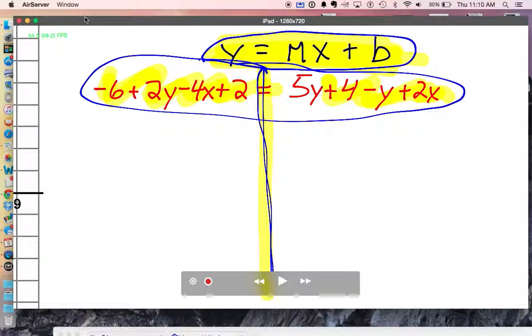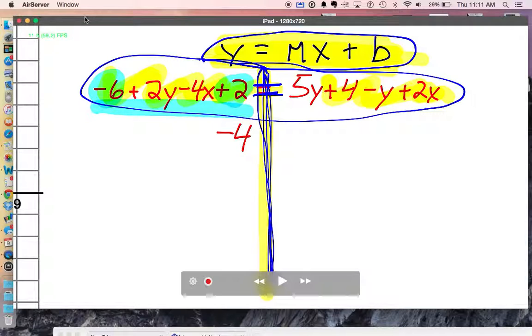So the first thing you do is draw a line down the middle of the equation to separate left from right. And then you look at your left-hand side to see if there's anything that you can combine. You can combine -6 with +2, and that would make -4. So we put that here.